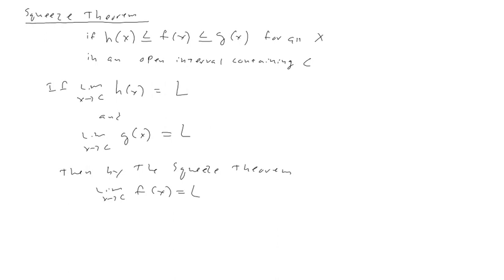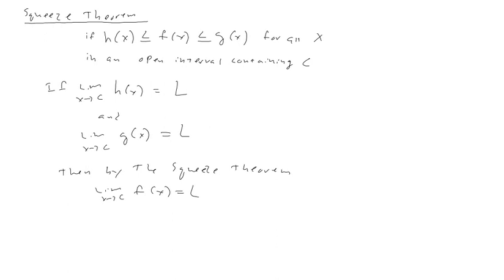If there are three functions, you have three separate functions. There's h, g, and f. So this squeeze theorem is simple when you get it. It makes total sense when you get it. But wrapping your head around it is going to take a second. So let me explain what all this stuff means. If there's these three functions, h and g, and f is between them.